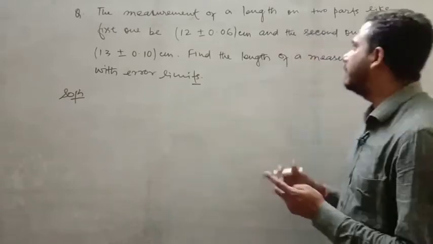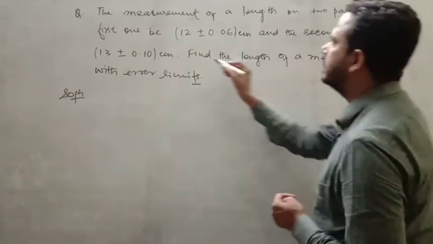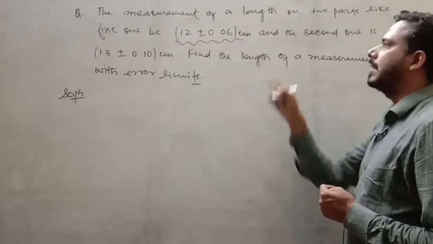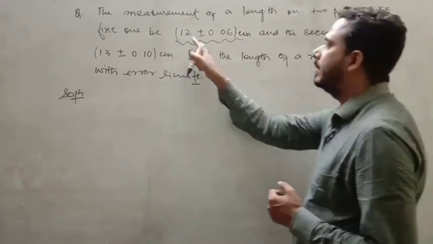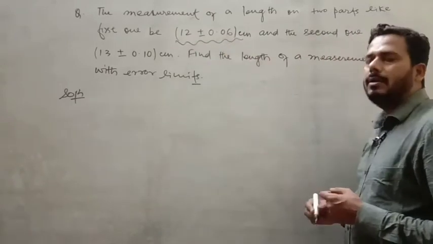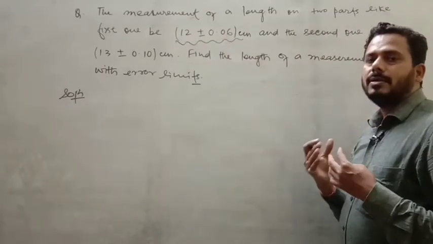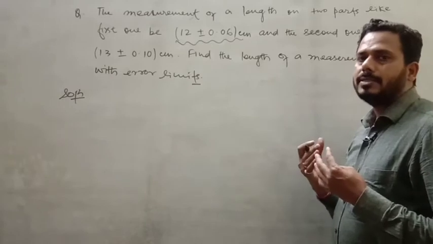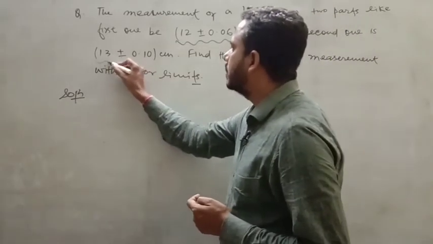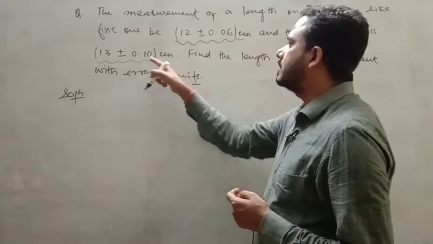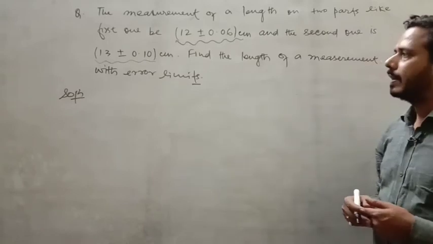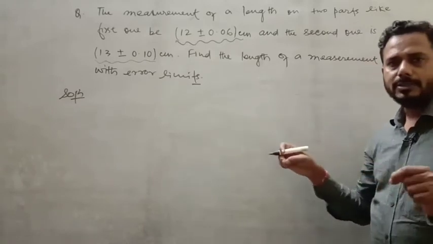The first measurement is 12 plus minus 0.06 centimeter. That means 12 is the main measurement and 0.06 centimeter is the absolute error. Accordingly your second measurement is 13 and its error is 0.10 centimeter. So you have to find the length of that measurement.